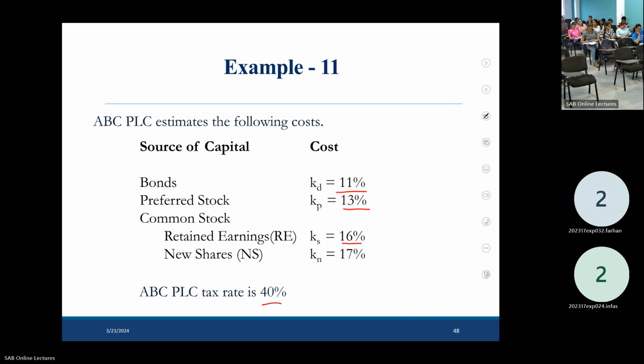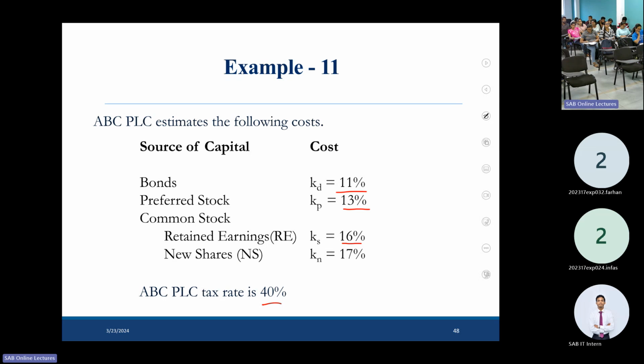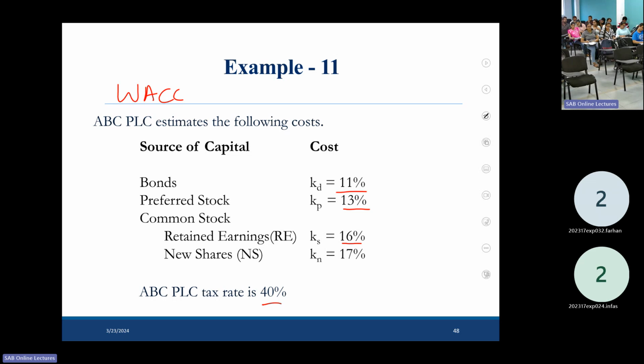So if I write here, weighted average cost of capital is equal to the cost of preferred stock 13%, weight on it 20%, weight is 20%, plus then cost of debt.